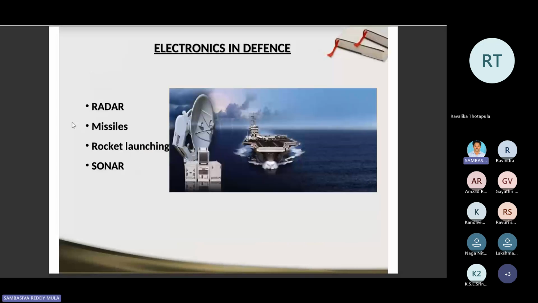Electronics in defense, which is very familiar: radars, radar tracking, missiles, rocket launching, sonars.